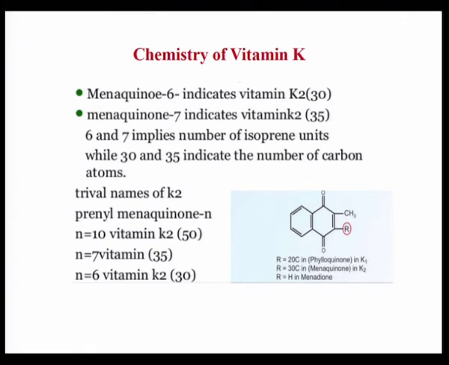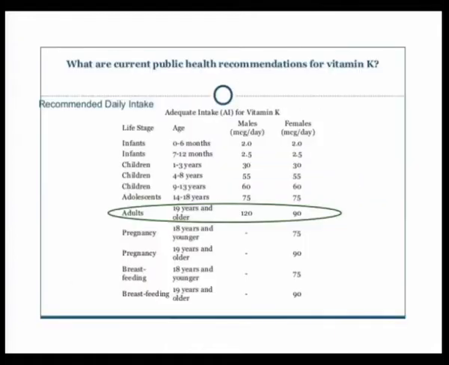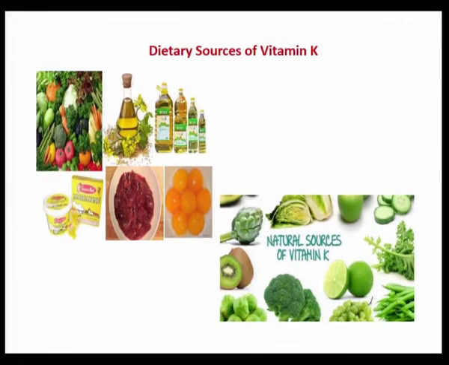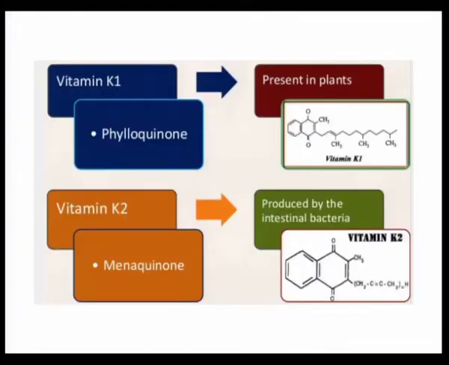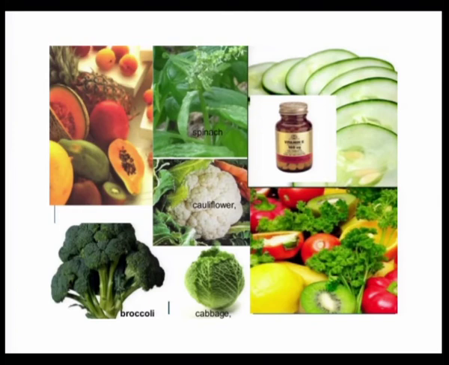So we have already seen the chemistry of vitamin K in detail, and as I have told you earlier, vitamin K gets activated into a form. Although the synthetic version of vitamin K is quite active, the more active it is, the synthetic version can also be toxic.